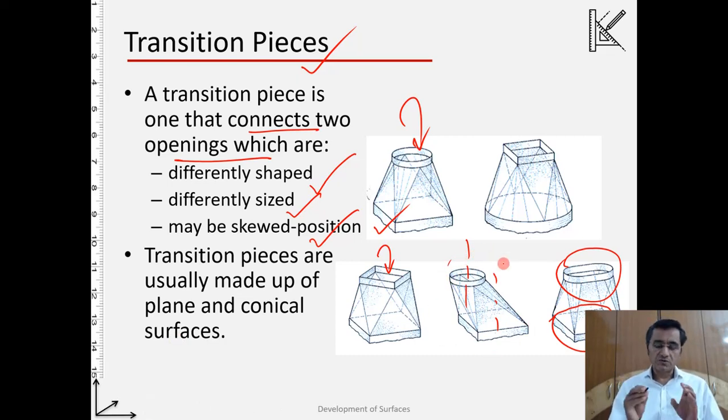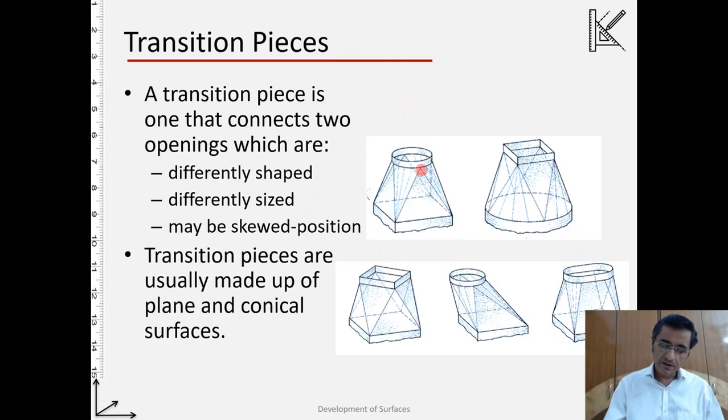And transition pieces, if you observe here also, they are made of either plane triangles. For example, let me show you one. Here this is a plane triangle, okay, or they are made of the conical surfaces.